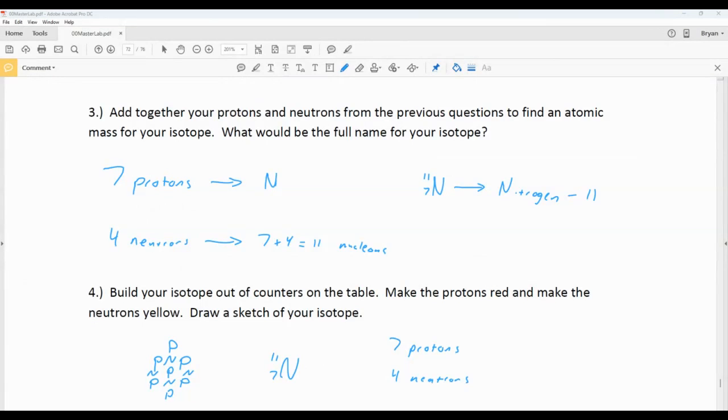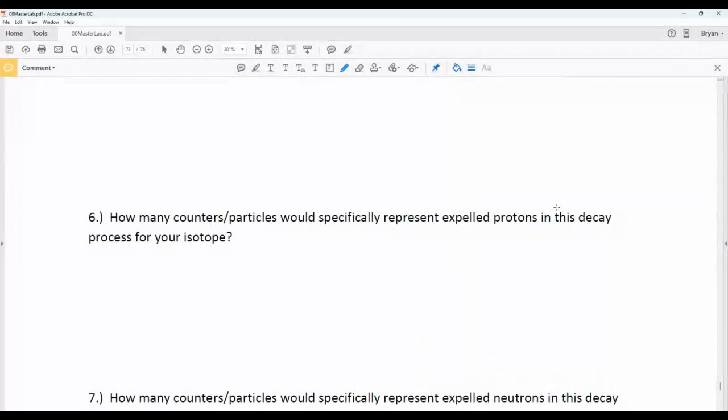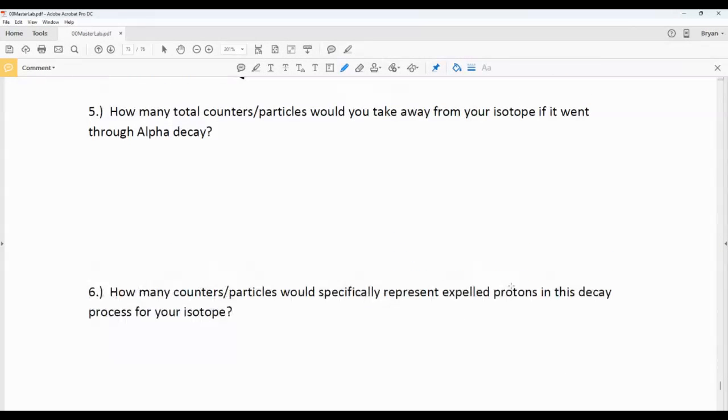Okay, so now we want to make this initial isotope go through a couple of different kinds of decay and see what they look like. If we're looking at alpha decay, we need to remember that alpha decay is going to release what's called an alpha particle.